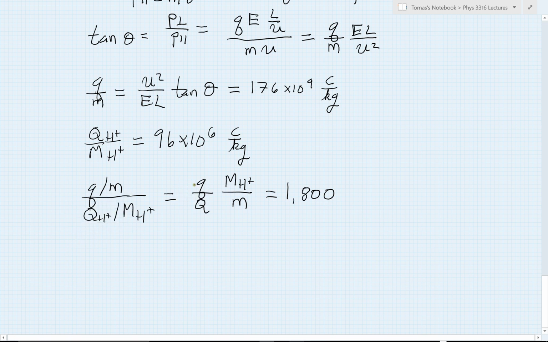If we just make the assumption that these two charges are the same, or at least approximately the same, and in fact we have good reason now to believe they are exactly the same, then this ratio should be approximately, or actually for hydrogen is 1.